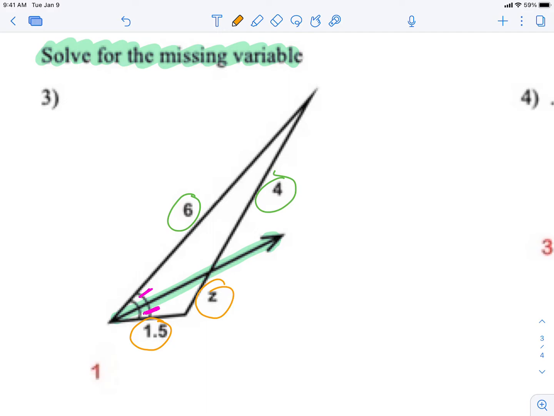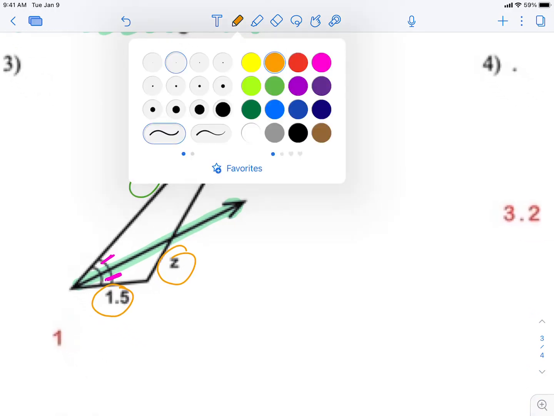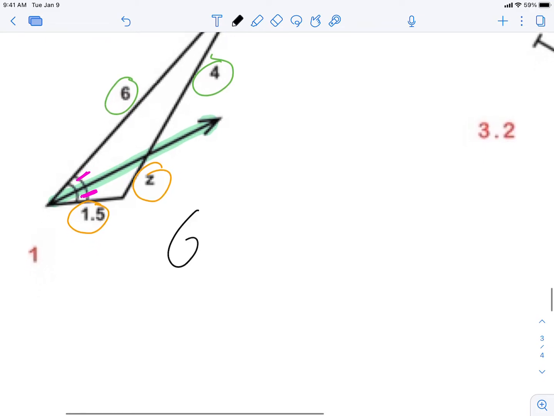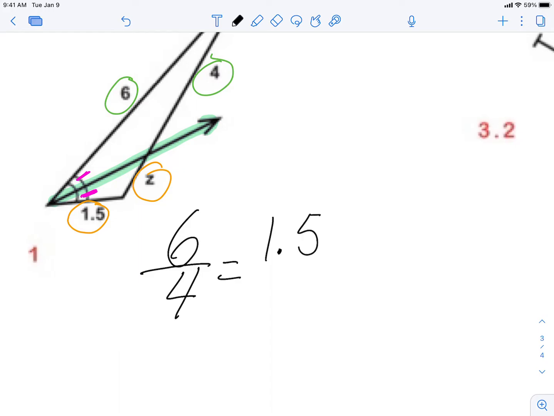Okay, the instructions say solve for the missing variable, so we need to solve for z. So what creates is a proportion, right? A fraction equals a fraction. So the relationship is 6 goes with 4. And that means that 1.5 goes with z.